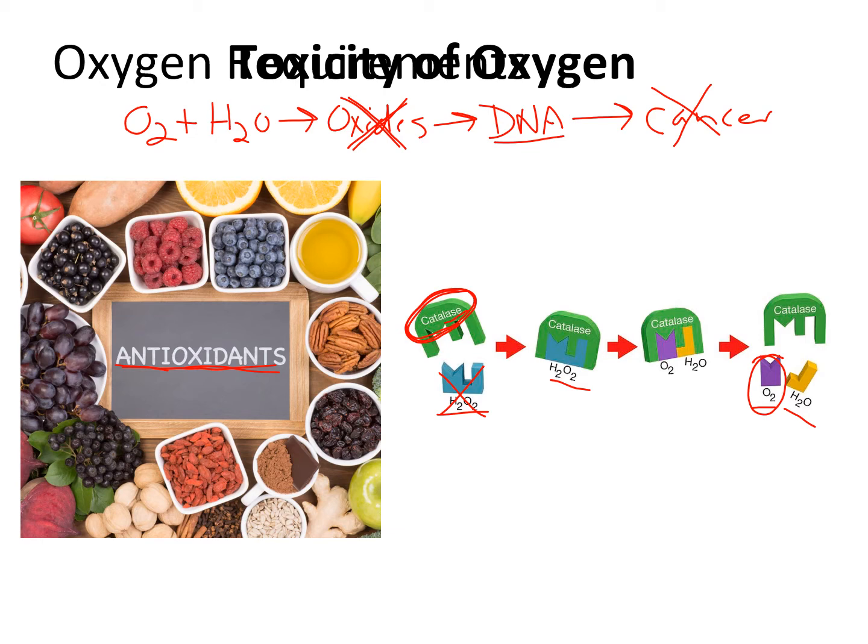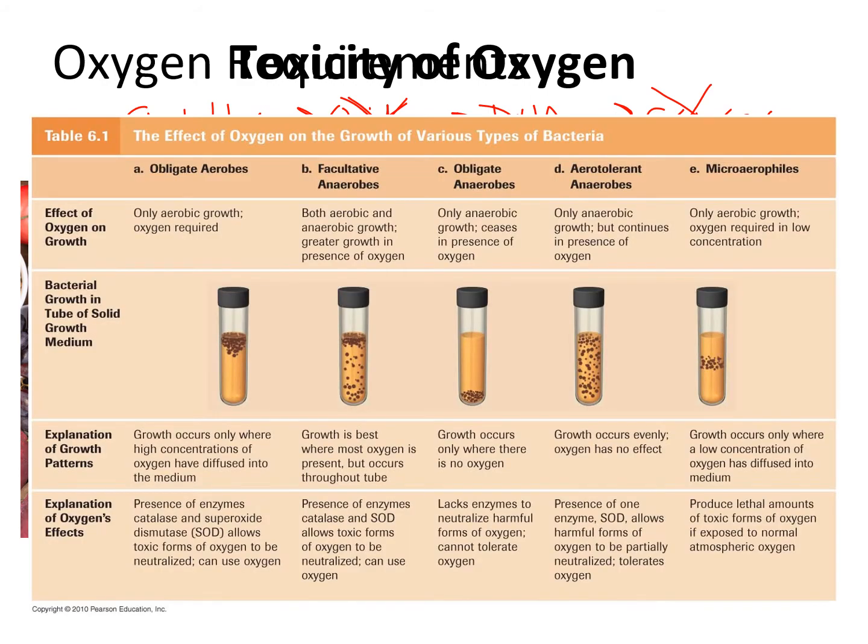So remember, the three pathways for carbohydrate metabolism are aerobic respiration, anaerobic respiration, and fermentation. And aerobic respiration is the only pathway that requires oxygen. These are the 5 different oxygen requirements, and they are obligate aerobe, facultative anaerobe, obligate anaerobe, aerotolerant anaerobe, and microaerophilic.